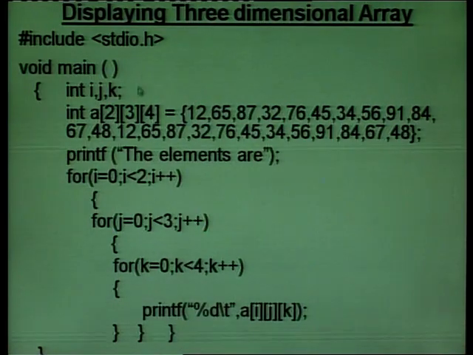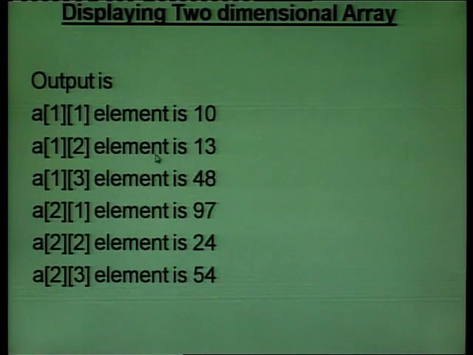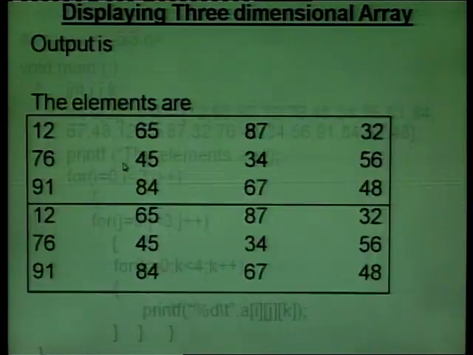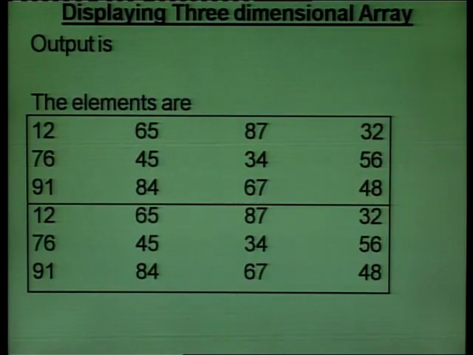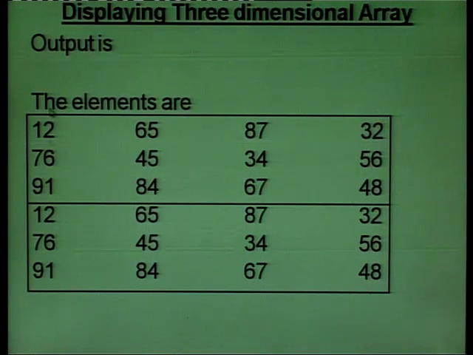Here we declare 2 sets, 3 rows and 4 columns. These are shown by this example. It contains 4 different columns that start from 12, 65, 87 and 32. Then there are 3 rows, 12, 76 and 91, and it contains 2 different sets. Two similar sets are given by me in this example. These two sets are given by this 3-dimensional array.